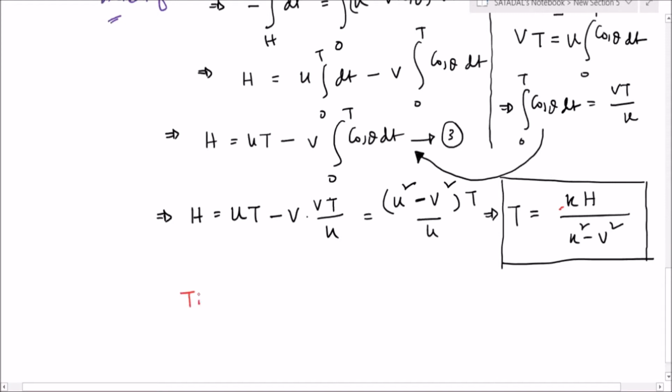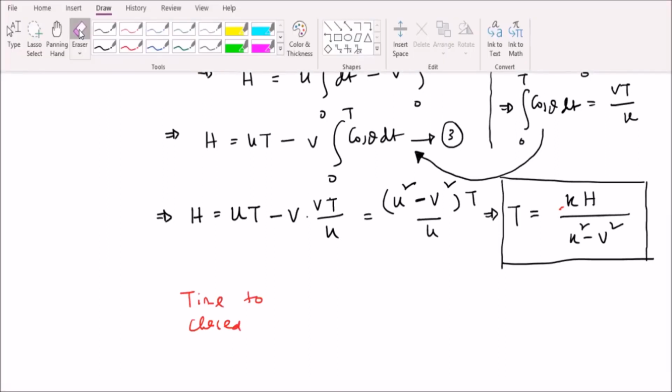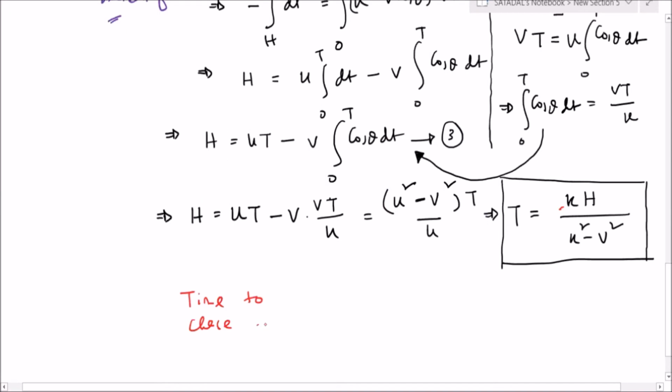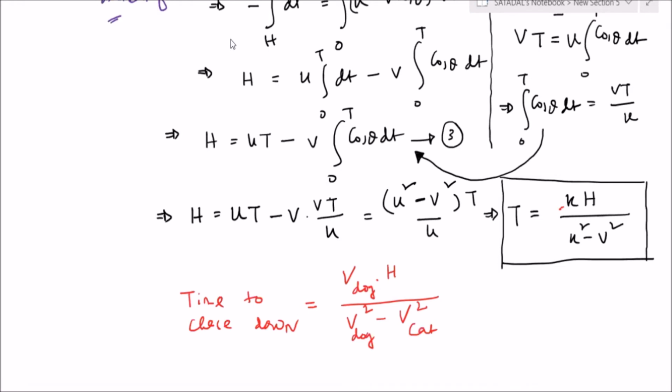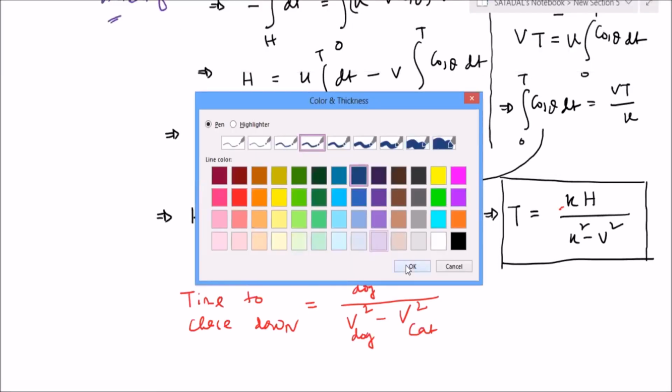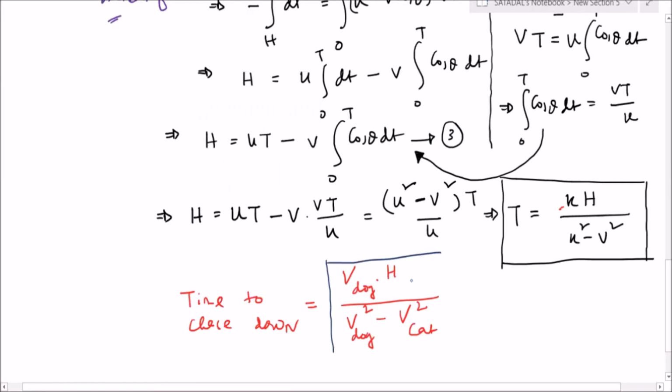So that means the time to chase down is equal to v of dog into h divided by v of dog square minus v of cat square. That is the equation to be remembered.